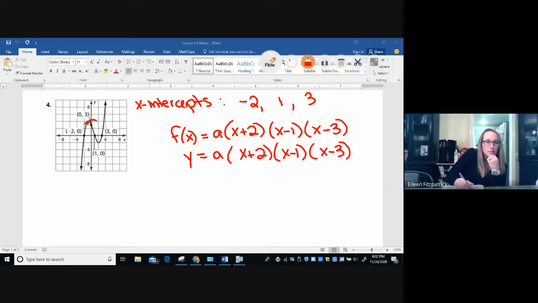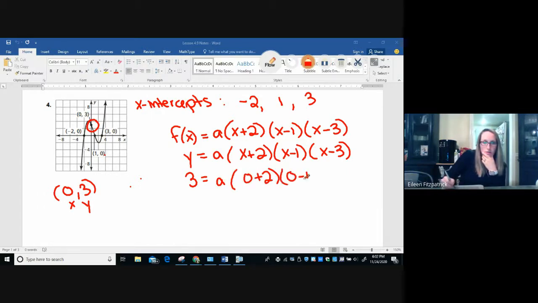The other point that's given, the one that's not an x-intercept, which is 0, 3, this is your x, this is your y. So I have 3 equals... oh, no, a is not 0. A is what we're solving for. The x is 0. 0 plus 2, 0 minus 1, 0 minus 3.